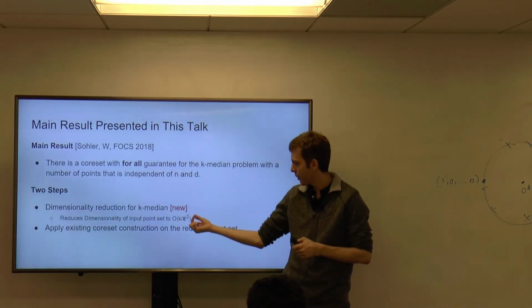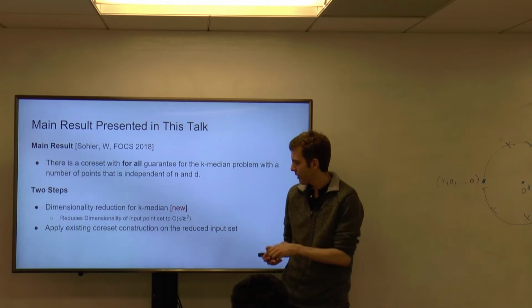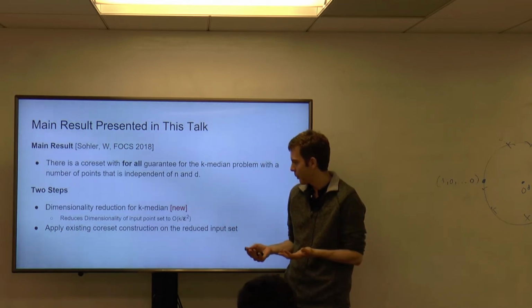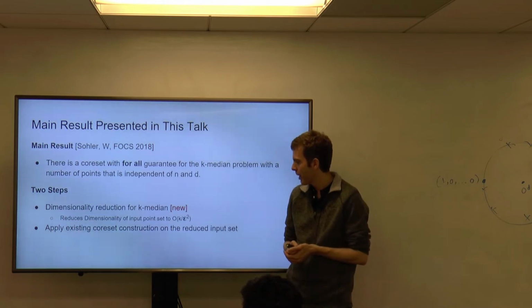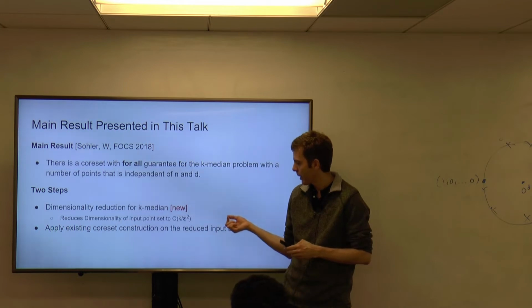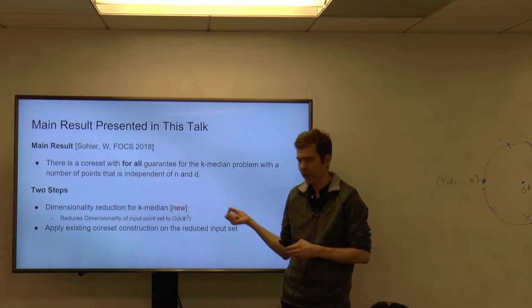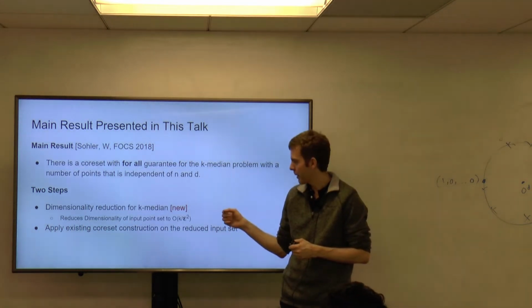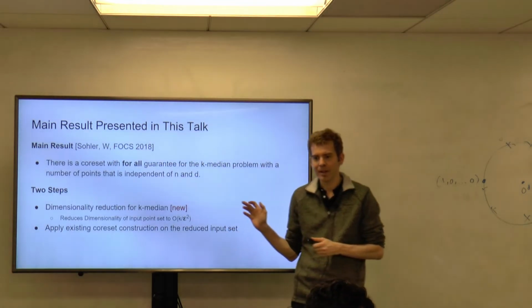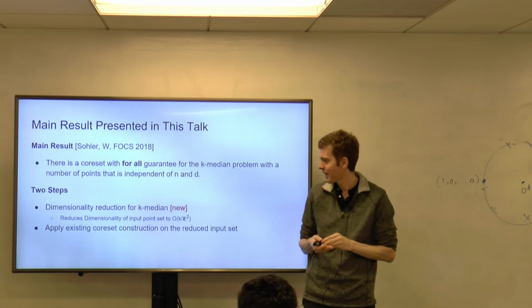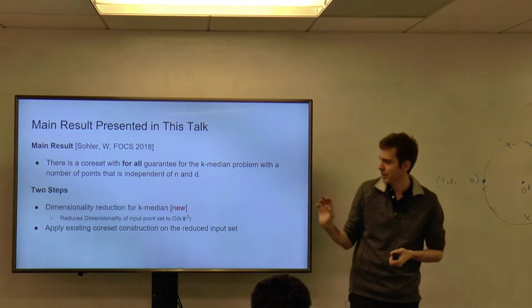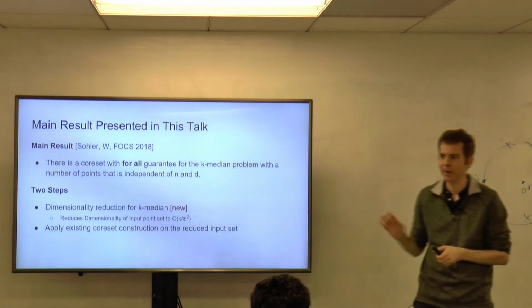But if d is very small, what is the lower bound as a function of k and epsilon? It is a sensitive question. When d is 1, you can actually get a k over epsilon upper bound. So the short answer is that's a major open question in this area, getting lower bounds for coresets.